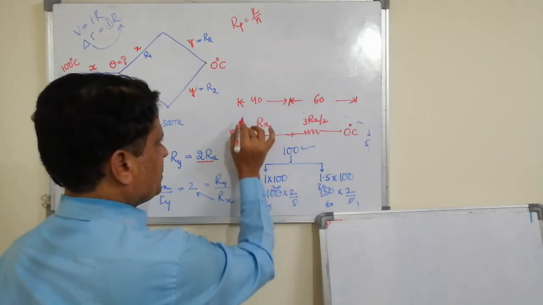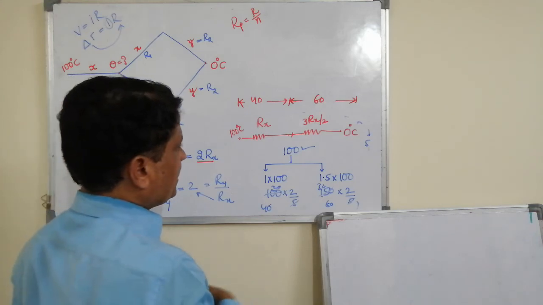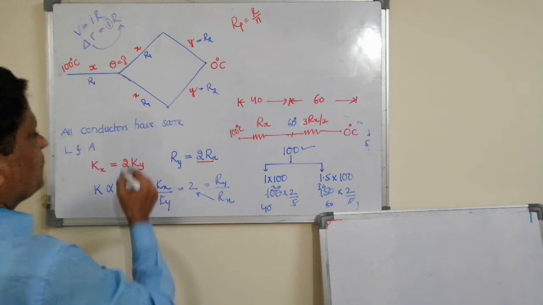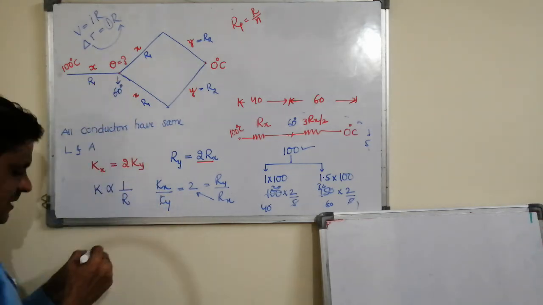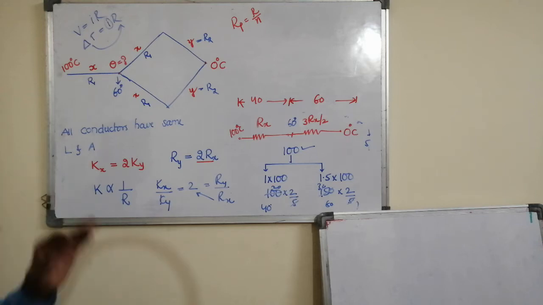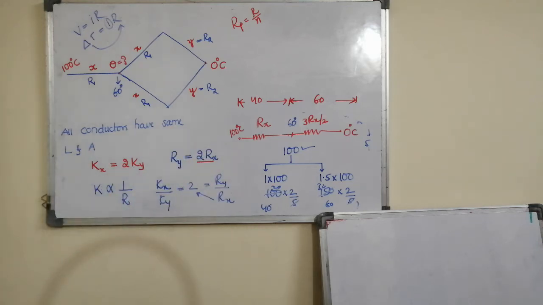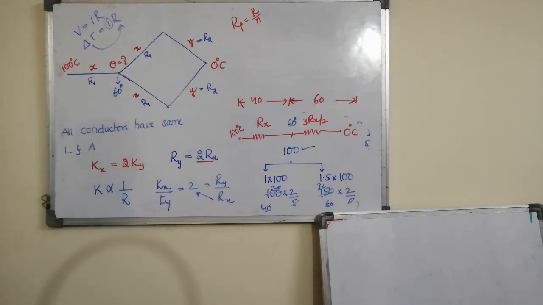If it is 100, how much decreases? 40 decreases, and the remaining is 60 degrees. Therefore, after 1 Rx, it will be 60 degrees Celsius. Hope the same kind of problems I solved in current electricity, so I am not highlighting more in this part.